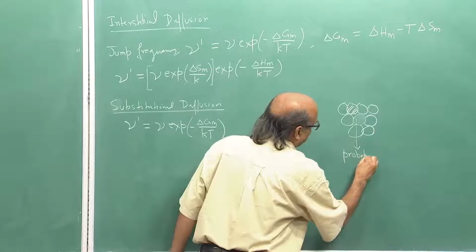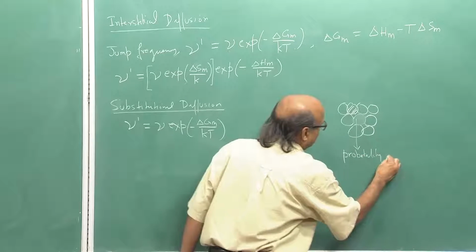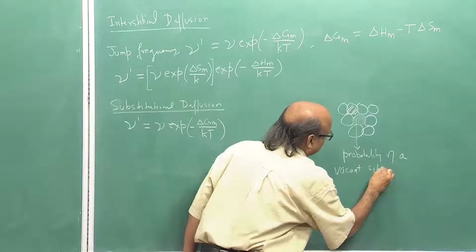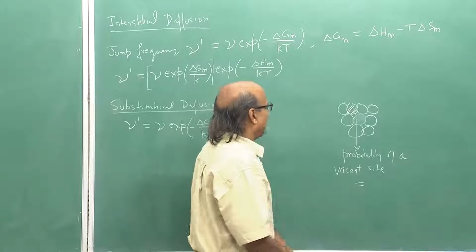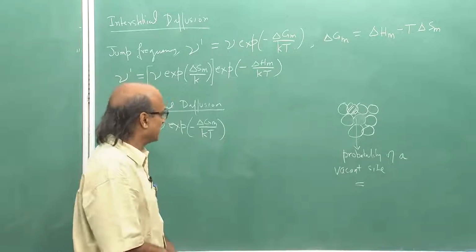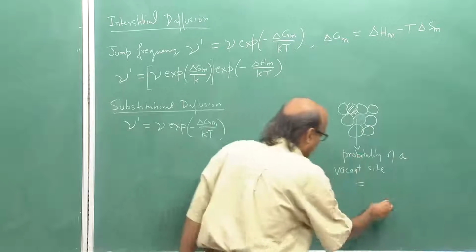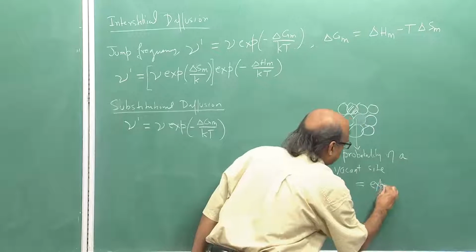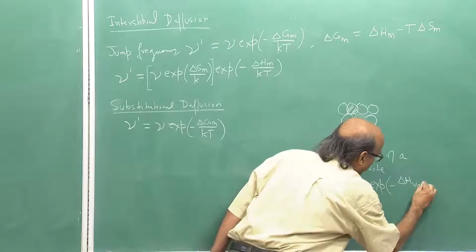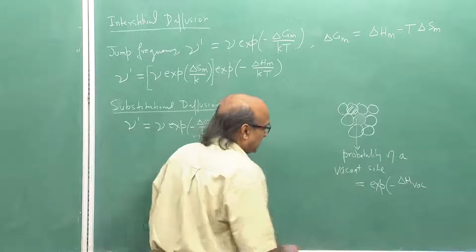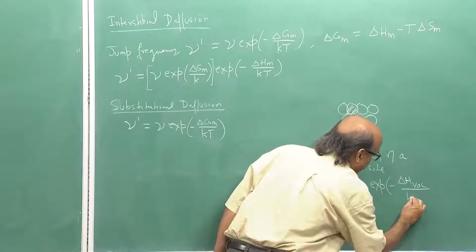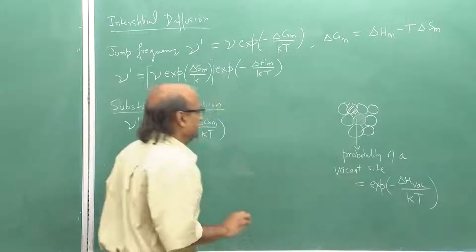And what is the probability for a site to be vacant? So, probability of a vacant site has to be given by the enthalpy of formation of a vacancy, and this is given by exponential minus the enthalpy for formation of vacancy, which I am calling delta H vacancy, divided by kT.